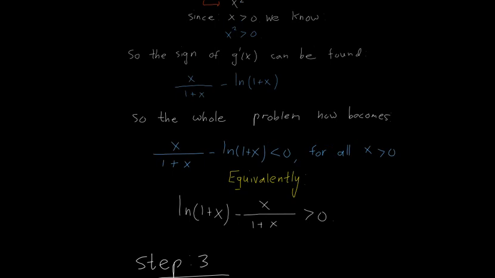Right? Think about it, because now we're looking for not only where g prime can be found, but how our function is behaving, right? So we have this expression now strictly less than 0 for all x being greater than 0.